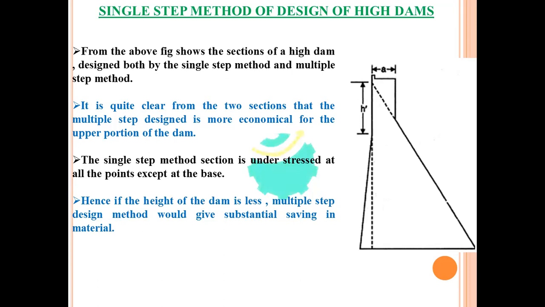So generally we design by the multiple step method only. We prefer the multiple step design method for dam design. Hence, if the height of the dam is large, the multiple step design method would give substantial saving in material.